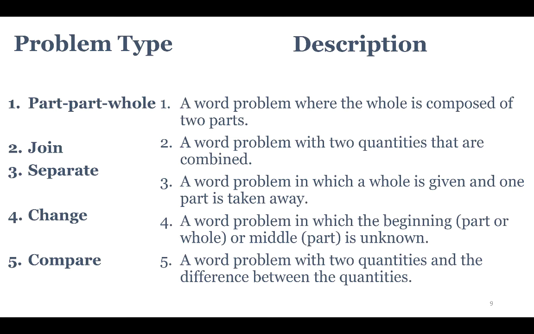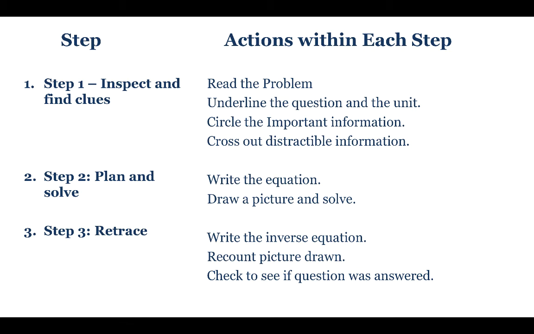Let's take a look at a strategy that helps with an element of that. This strategy is a scene investigator, or math scene investigator, if you want to call it that. Basically, I'm teaching an individual 3 steps. The first step is that they need to read the problem, of course. They need to underline the question and the unit, then circle what they think is the important information and cross out distractible information.